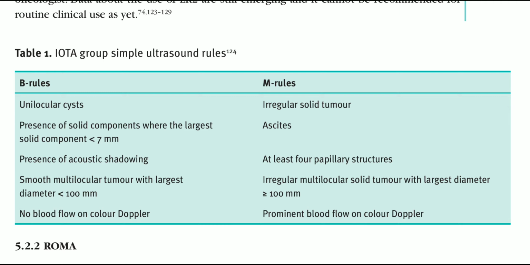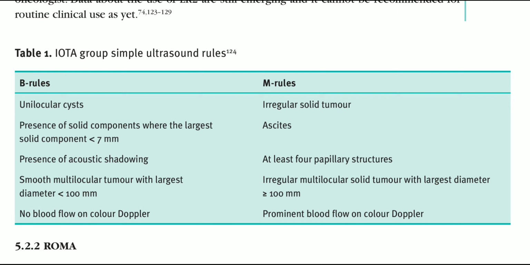So the B rules include: a unilocular cyst; presence of solid components where the largest solid component is less than 7 mm; presence of acoustic shadowing; and a smooth multilocular tumor with the largest diameter of less than 100 mm. Okay, even if it is smooth, the largest diameter is less than 100 mm and there is no blood flow.